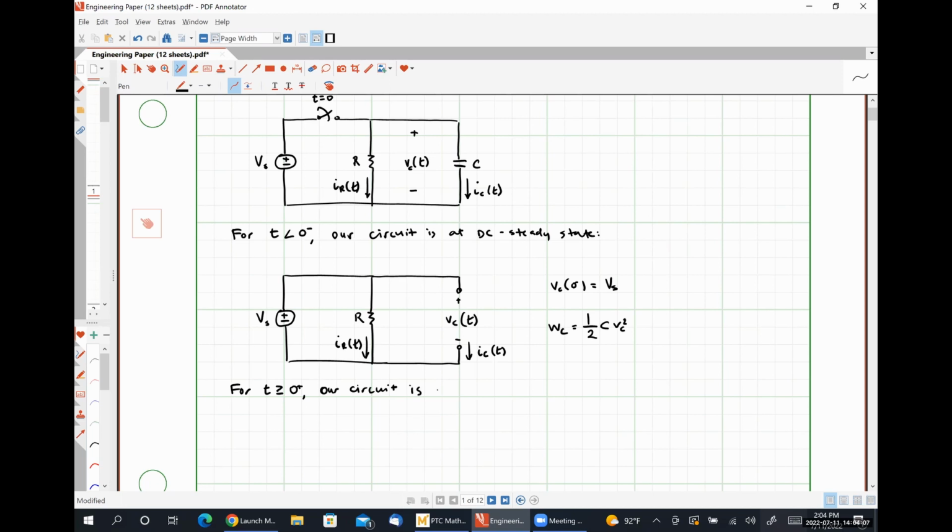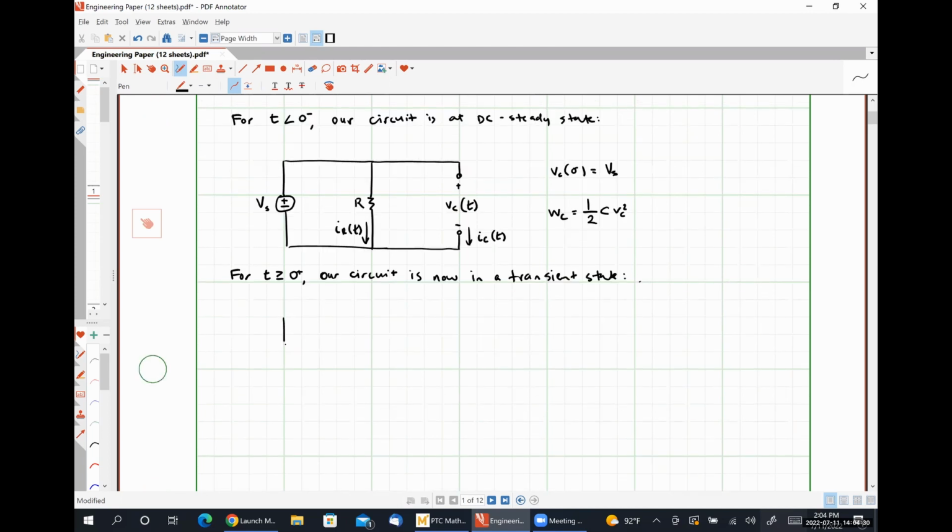Okay. Now for t greater than 0 plus, our circuit is now in a transient condition because there has been a change in the circuit when the switch changes positions. And so what we're going to see is that our voltage source, Vs, is now disconnected from our resistor and our capacitor.